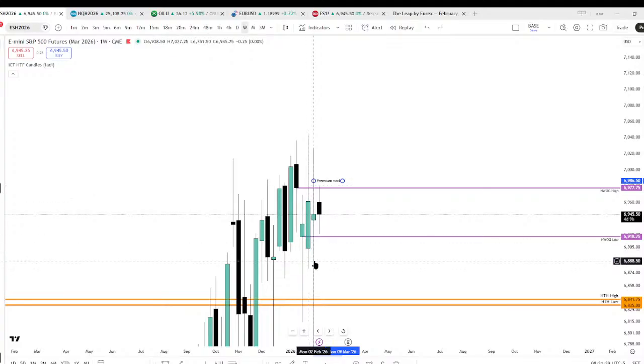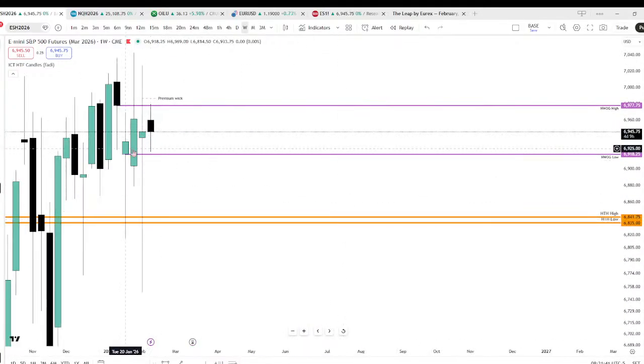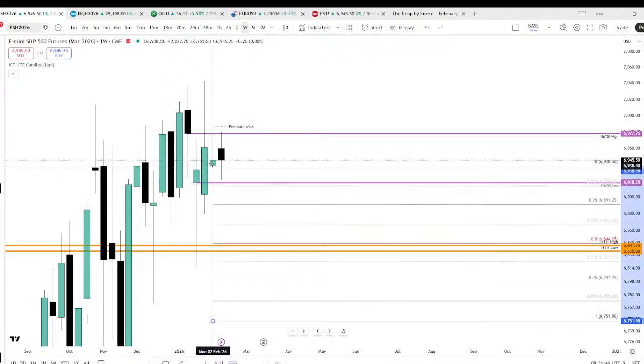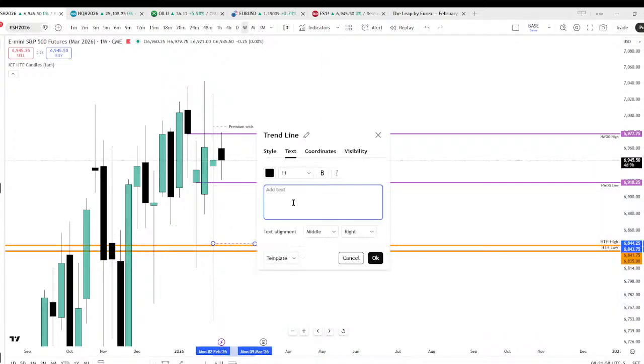So last week we had this large candle that closed almost unchanged, a little bit up. So we just had our 8:30 open.